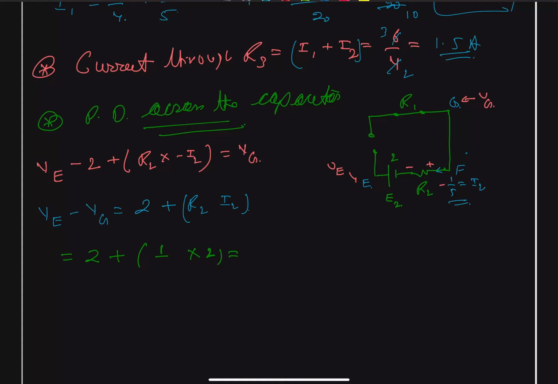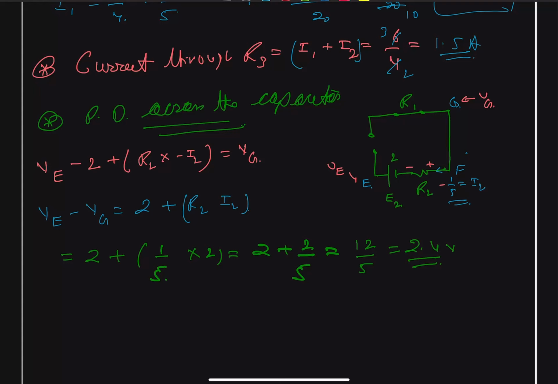We have this as 1 upon 5, so this comes as 2 plus 2 upon 5, and that will be equal to 12 upon 5. And that will be equal to 2.4 volts.